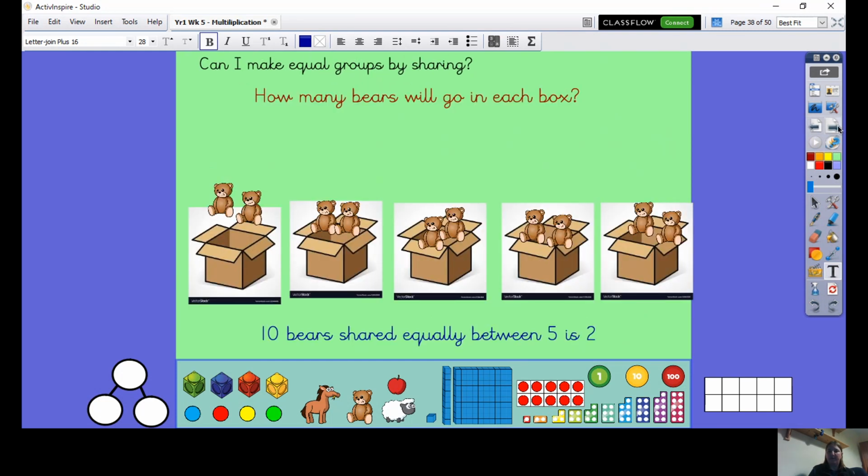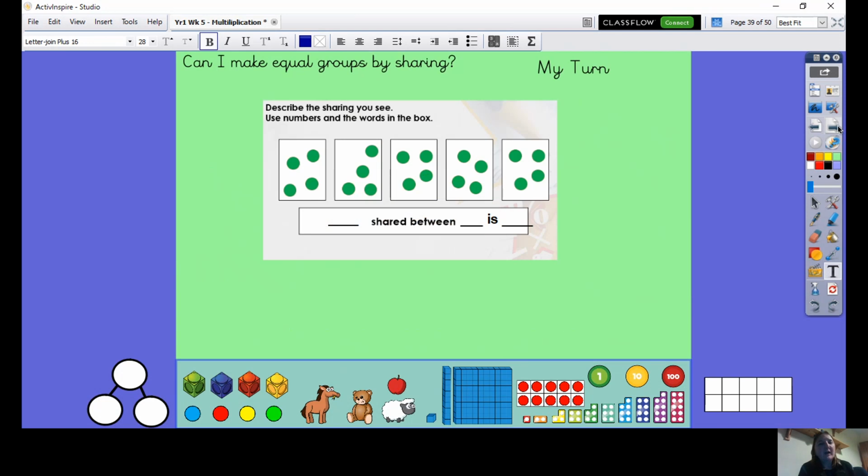Okay, let's go this way. We're going to look at the problem slightly differently today. This time, we've got some words, so we've got something shared between, so we've got the missing numbers. Now to find out this missing number, I need to count all of the counters.